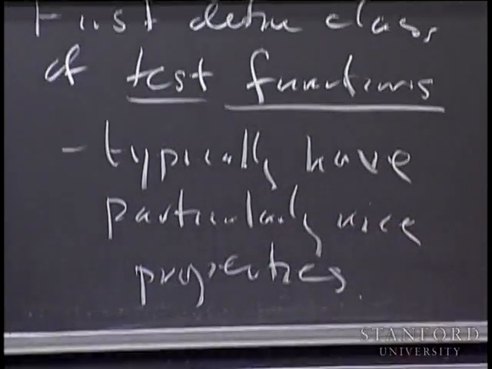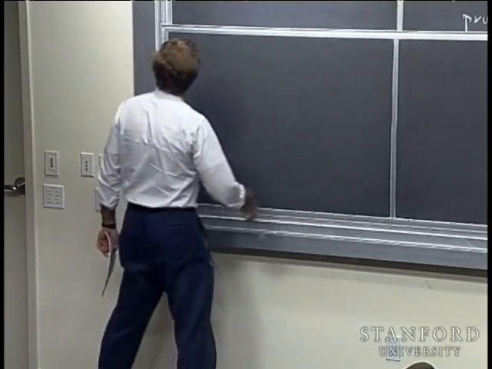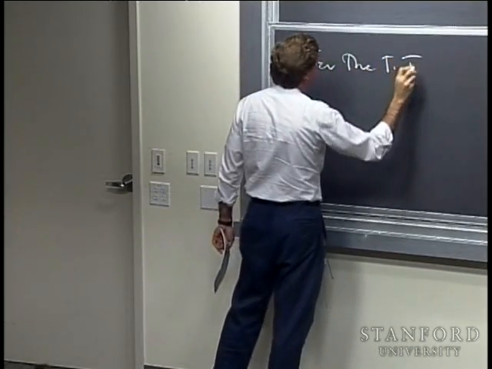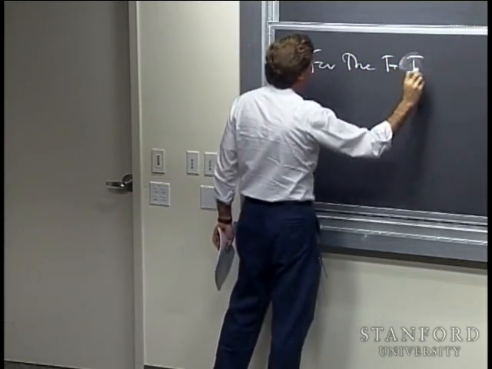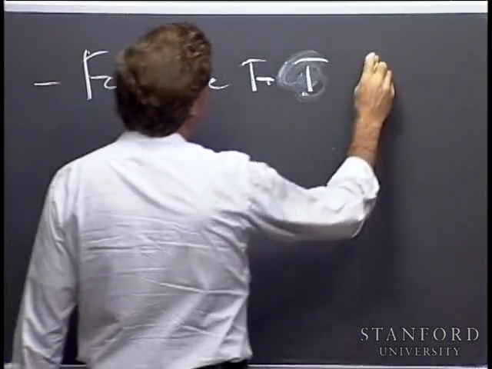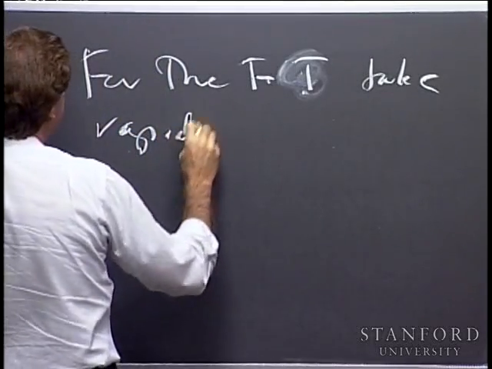For the Fourier transform, the class of test functions is the rapidly decreasing functions. I won't write down the definition again, but I'll remind you of the main properties in just a minute when we need it.